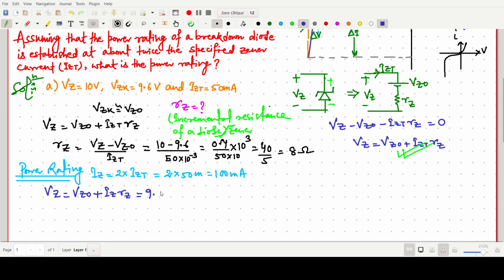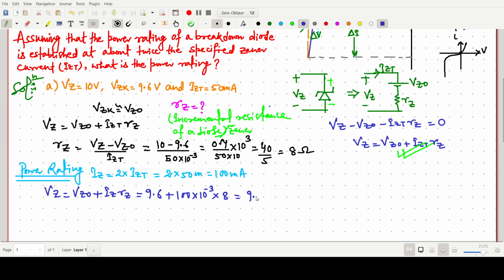So we write 9.6 plus, now this IZ will be 100 milliampere, not 50, because for the power rating calculation we have to take twice the specified test current IZT. So 100 into 10 to the power minus 3, and RZ we have calculated as 8.